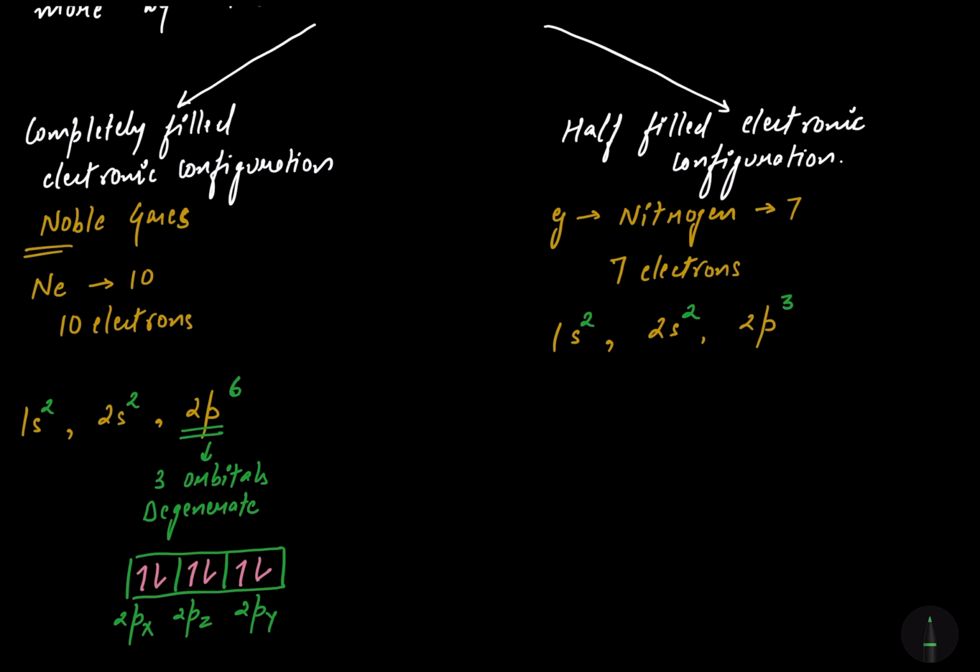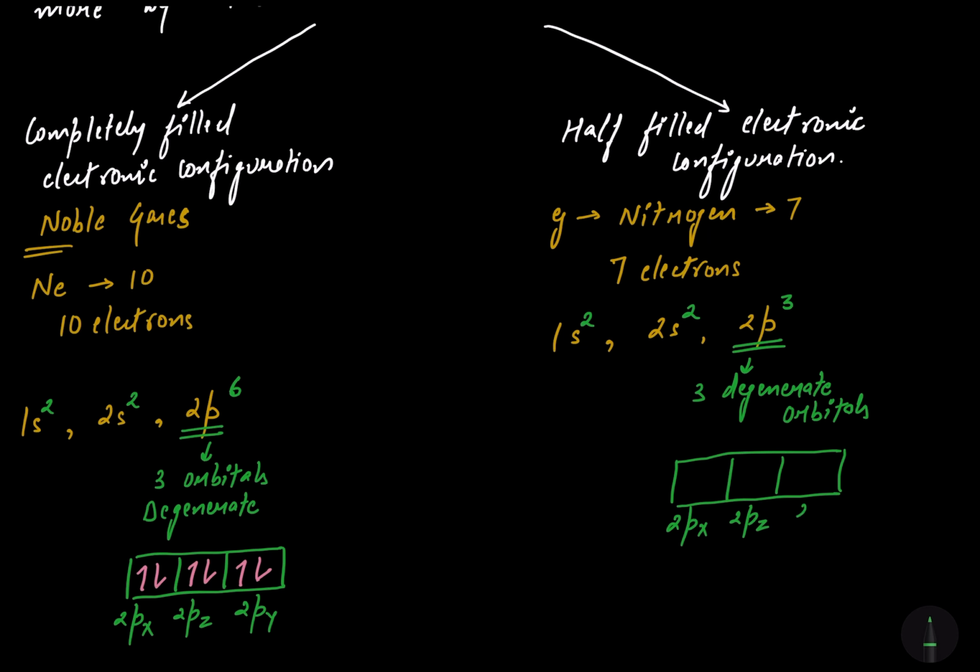So now let's talk about 2p in little detail. Again it's a 2p. The 2p will have 3 degenerate orbitals, that is orbitals with equal energies. So let me draw this thing. The first orbital is 2px, the second one is 2pz, and the third one is 2py.